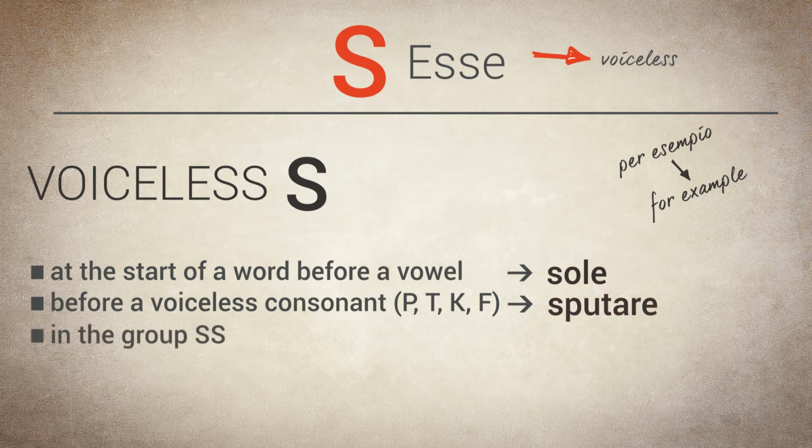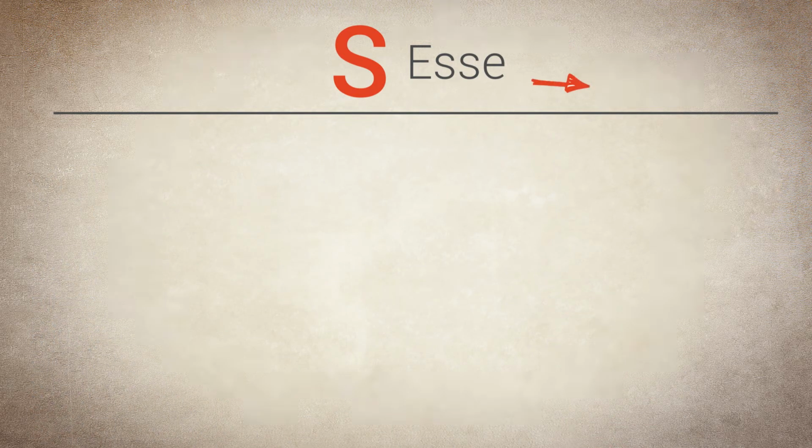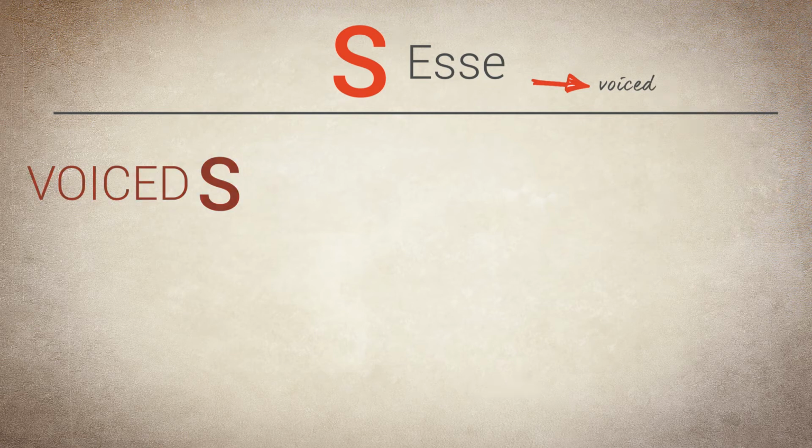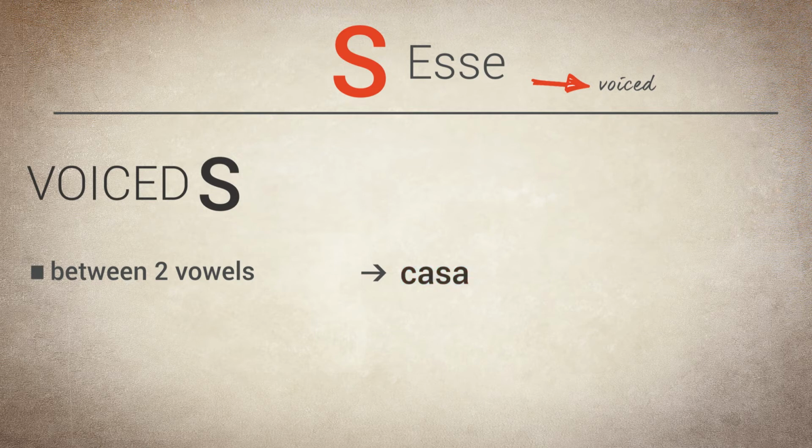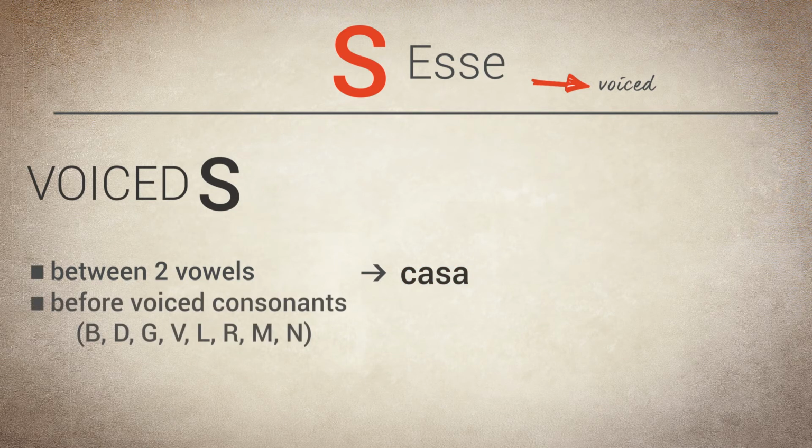And in the group SS. For example, rosso. On the other hand, S is voiced between two vowels, and in that case it sounds like this, casa. So it's Z. It is also voiced before voiced consonants. For example, sdraiato, Bosnia.